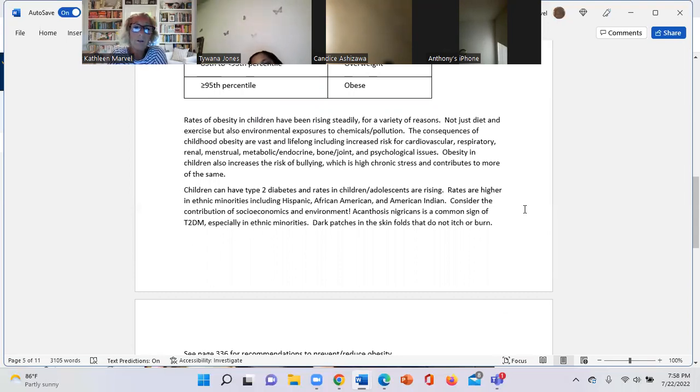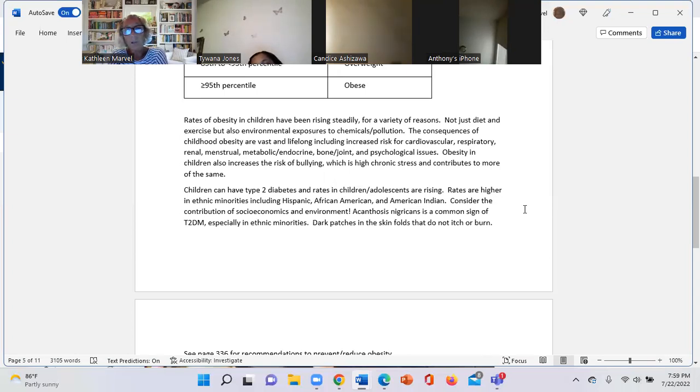The consequences of childhood obesity are vast and lifelong. These kids are at risk down the road for cardiovascular, respiratory, renal, menstrual, metabolic, bone and joint, and especially psych issues.